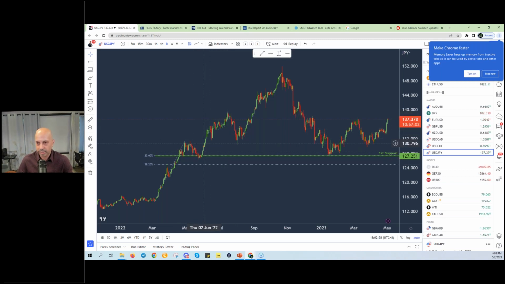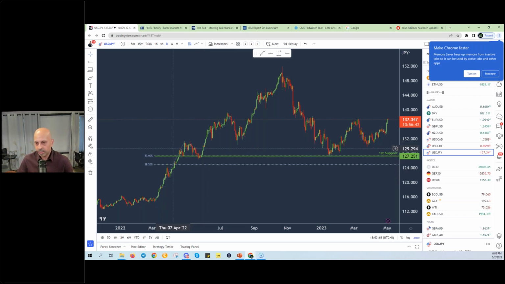And as the price is moving up, it has bounced off our support level and price is moving up. It is also very important to trail your stop loss level as well. So this trailing of the stop loss can be done manually, or it can be done as part of an automated order as well.